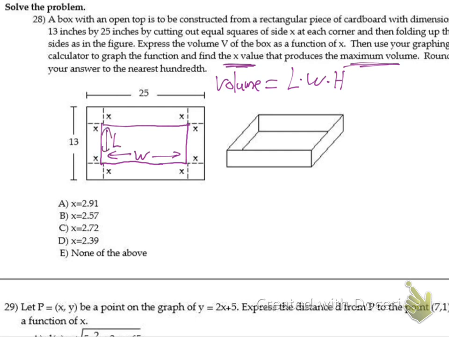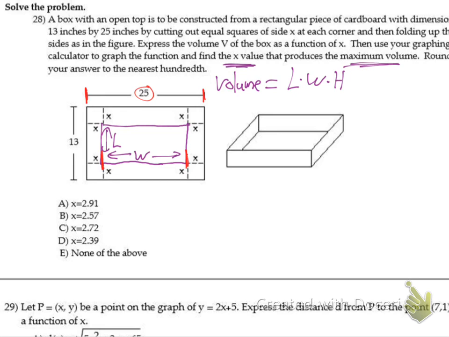And the height will just be x. It's just folded up. All right, so how do we find that width? Notice that width is inner edge to inner edge. We already know right up here that 25 is outer edge to outer edge. So how far is it inner edge to inner edge?